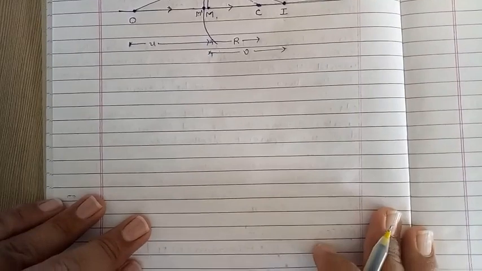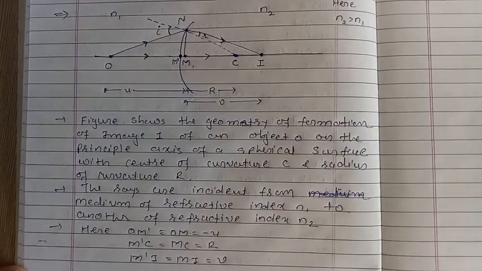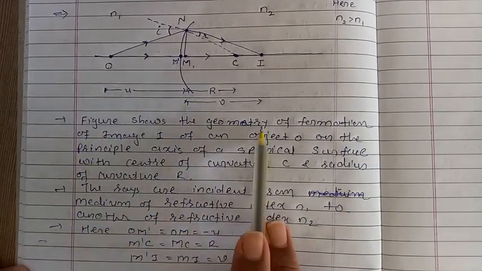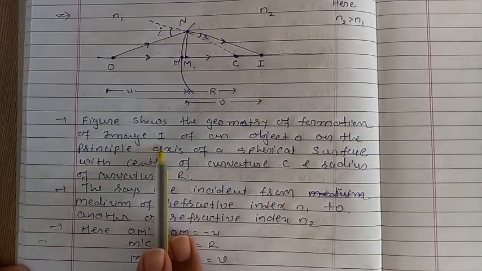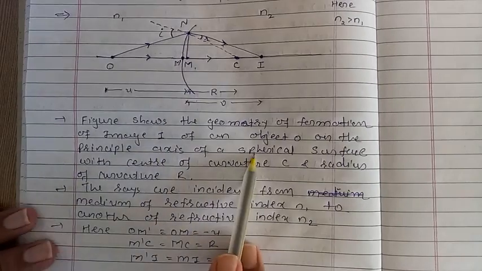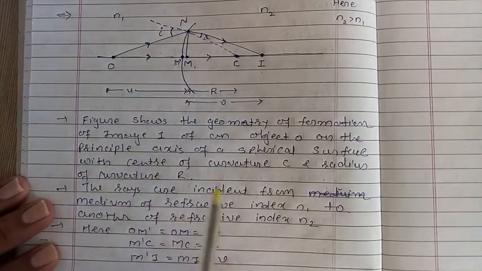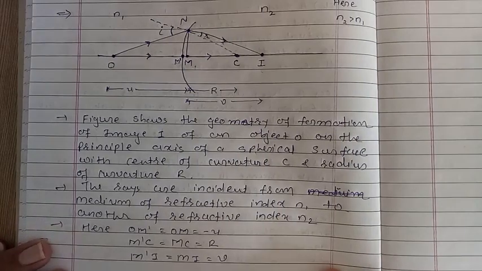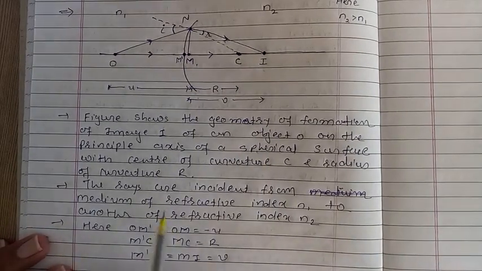So friends, we can write this thing. Here we can write like this: figure shows the geometry of formation of image I of an object O on the principal axis of spherical surface with center of curvature C and radius of curvature R.